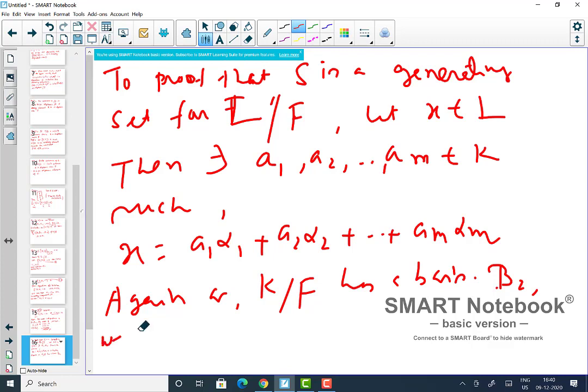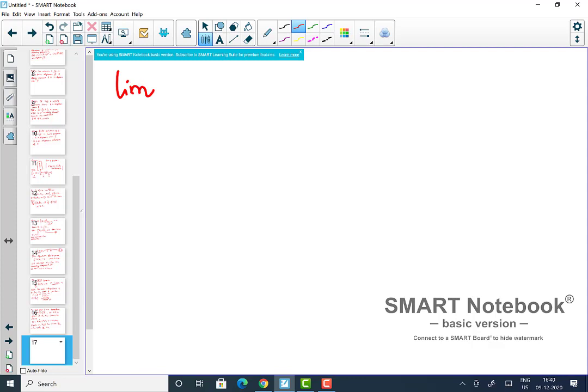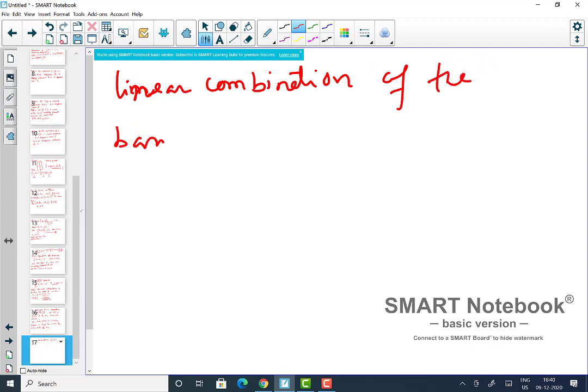So we can write this a_i as a linear combination of the basis elements of this, beta 2, as B2s.